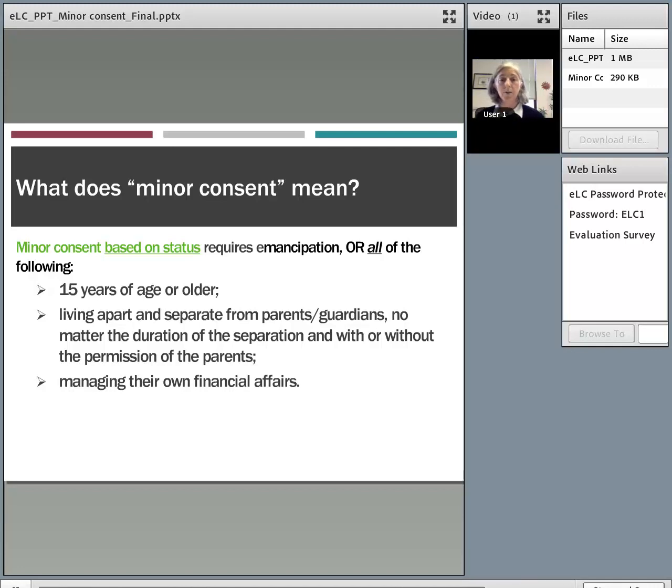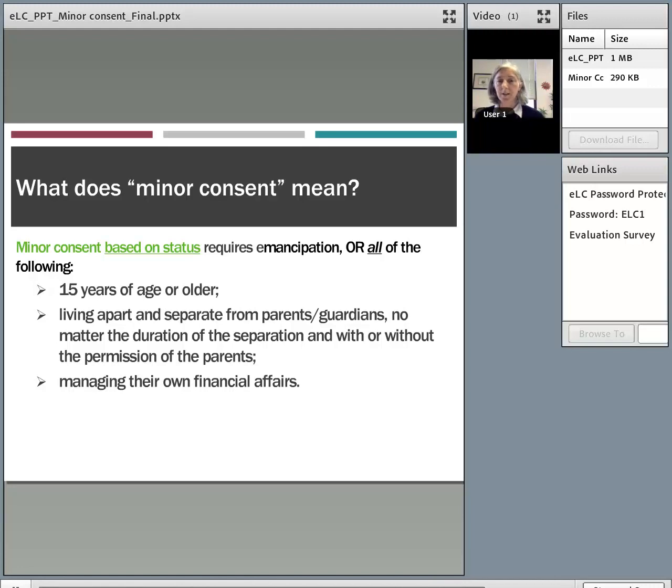It's important to know that California law doesn't require a young person to present written documentation that they meet all these criteria. Not a lot of us carry our marriage certificate in our back pocket. You know, there's no way to demonstrate on paper that you are living apart from your parents.